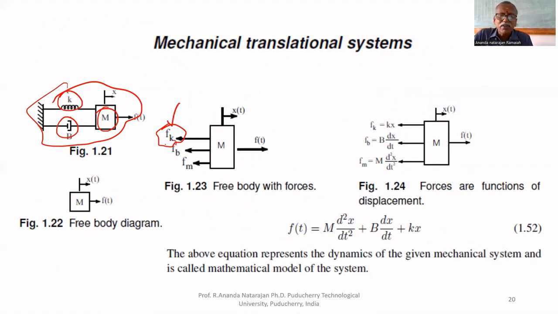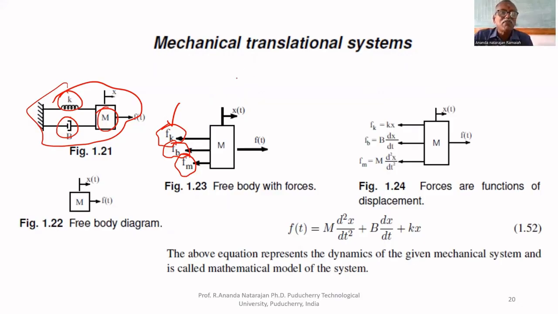It has a dashpot effect, so the reaction force is Fb. It has mass, so it has Fm. All these three reaction forces will always be opposite to the applied force.